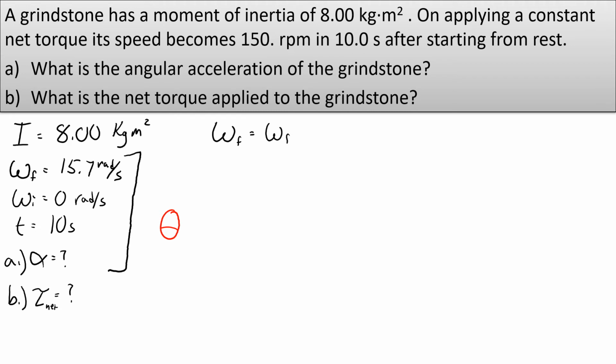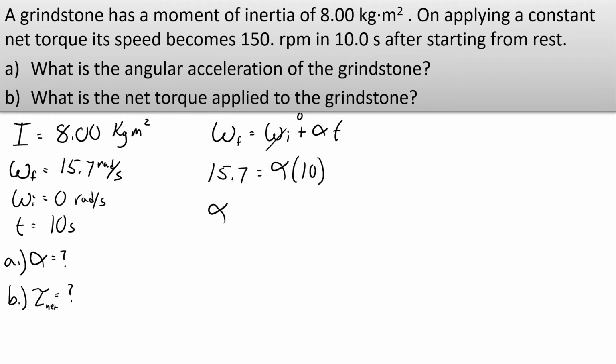Omega F is equal to omega I plus alpha t. No squaring needed, no multiplying by a half. You're just plugging in the numbers here. 15.7, this is 0. Alpha is what we're looking for, 10. So you divide it by 10. The angular acceleration is 1.57 radians per second squared.